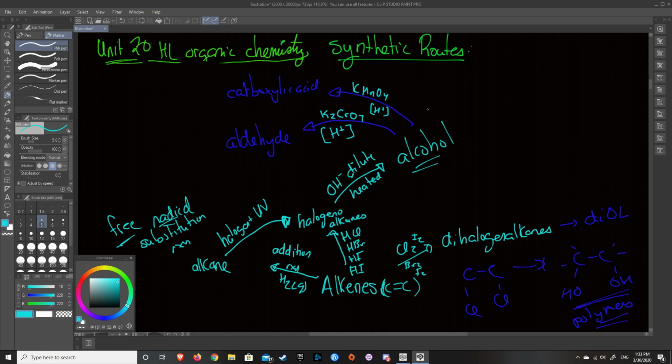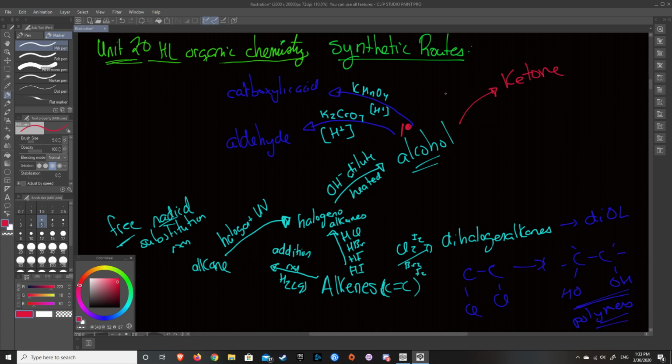Okay, I'm just checking my notes to see which one. So carboxylic acid or an aldehyde. This is only if you have a primary alcohol. If you have a secondary alcohol, you can oxidize it to a ketone, and it's using either one of these. You can use any one that you want. It doesn't really matter that much.